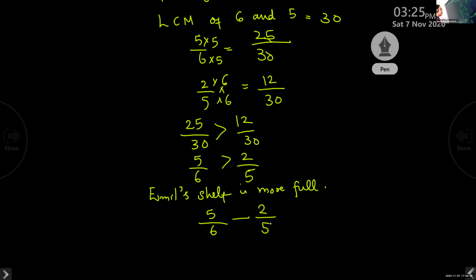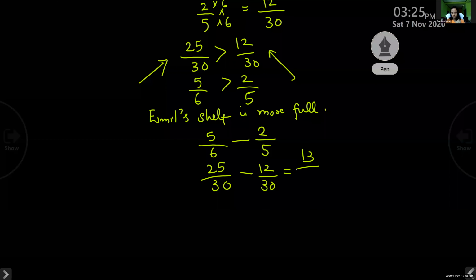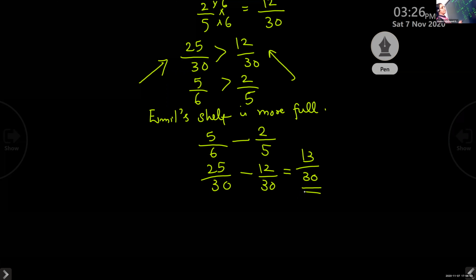We found the LCM earlier, so no need of doing it again. 25 by 30 minus 12 by 30, and the answer is 13 by 30. No common factors in between. So this much more.